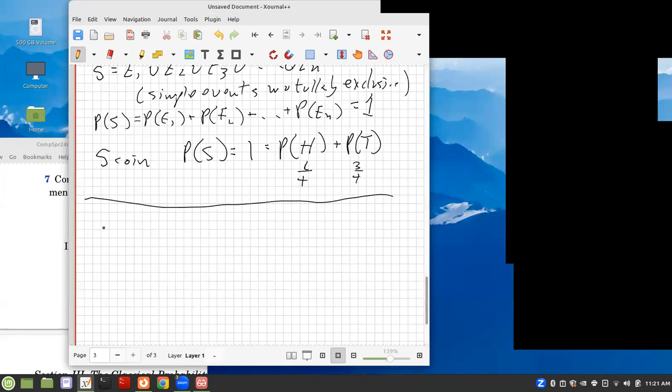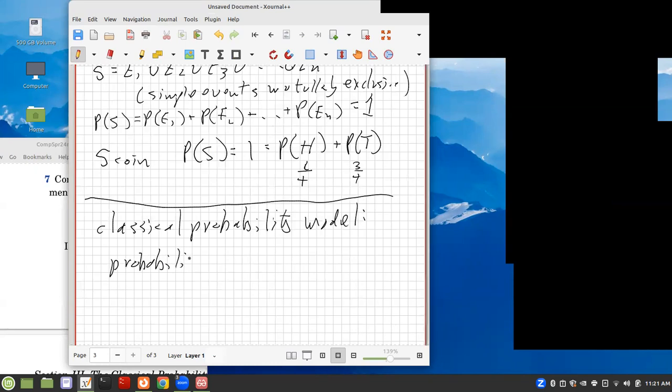So one common probability model, the one that we'll use in general, or that we'll see underlying everything, is the classical probability model, in which the probability of each simple event is the same.